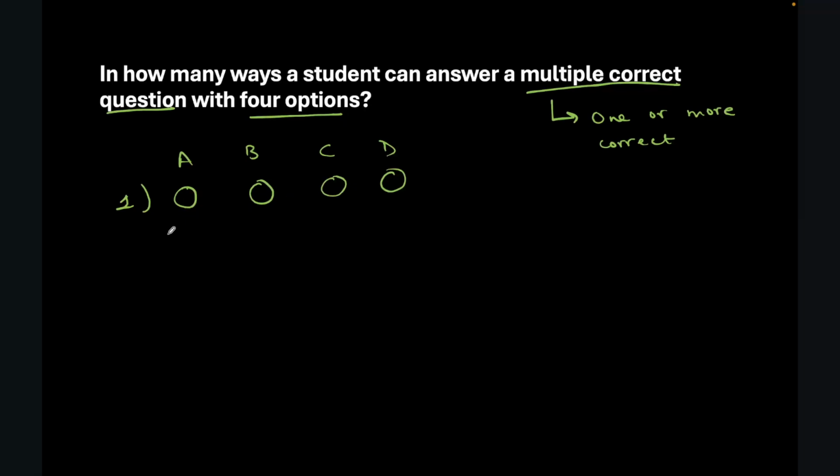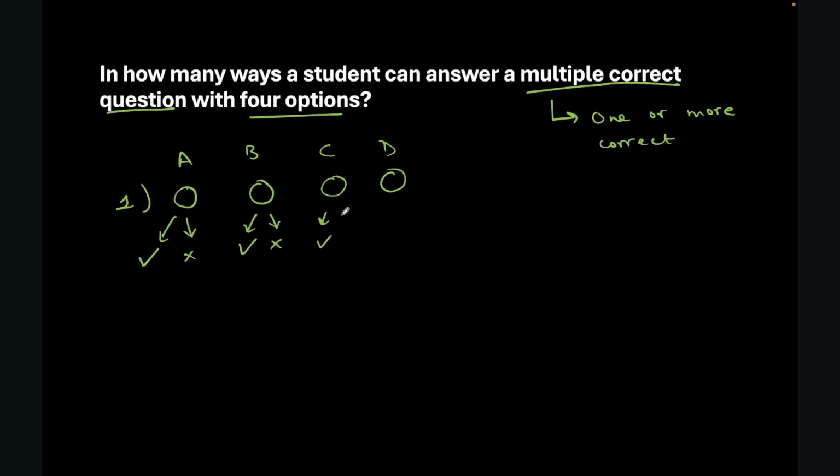So let's break it down, right? So there are 2 options for this, right? Let's say I'm doing some comparison question or some number theory question where there are multiple right answers. Okay, just a hypothetical scenario at the moment, right? So I can accept this answer or I can reject this answer, right? Similarly, I can accept this answer or reject this answer.